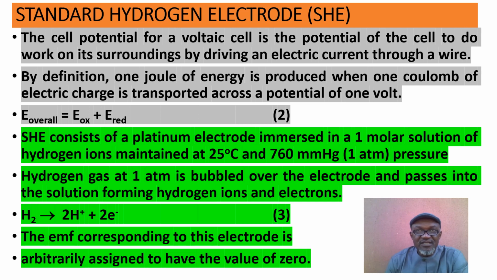And you see that the EMF or standard electrode potential of the hydrogen electrode is assigned a value of 0.00 volts. And that value of 0.00 volts is what is used in reference to those standard electrodes that can force hydrogen to get oxidized, and those that cannot force hydrogen to get oxidized. Or in other words, it is a measure of the oxidizing power and the reducing power of any electrode.